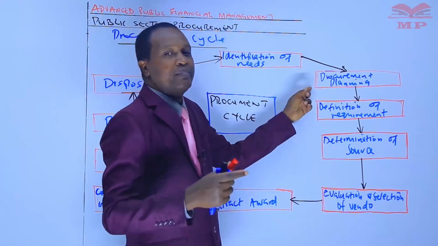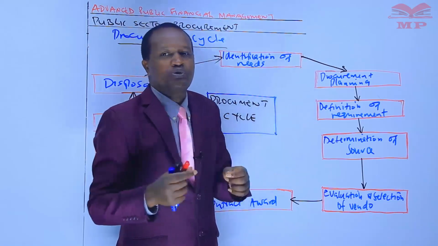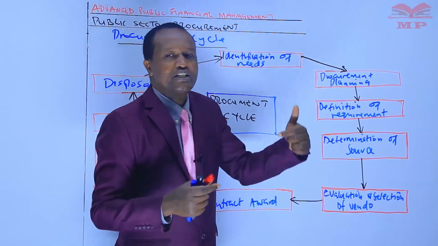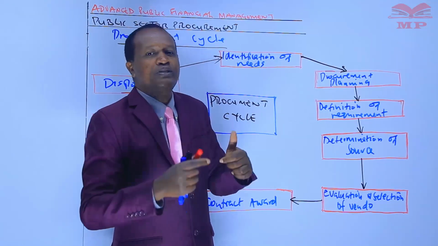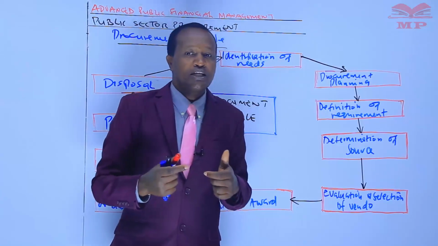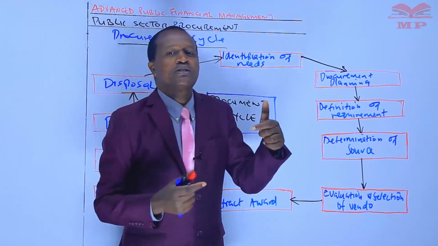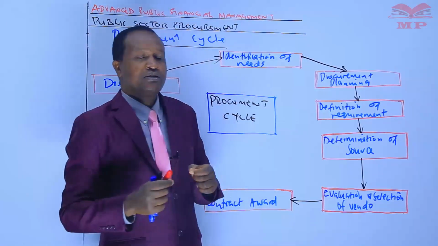And we have the PPDA and regulations which make it mandatory for procuring entities to prepare procurement plans and have them approved by the accounting officer, and where applicable, the board of directors or similar body before engaging in procurement.